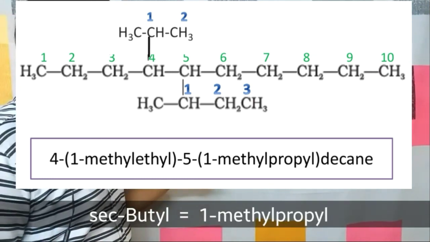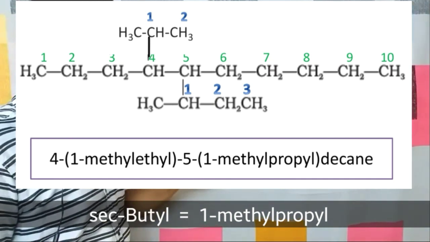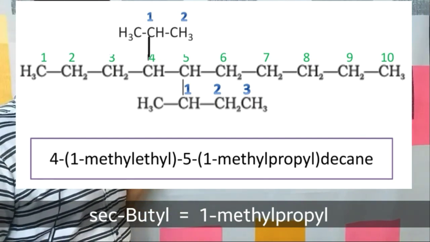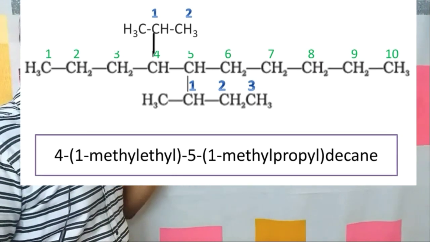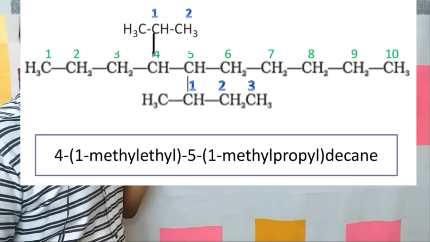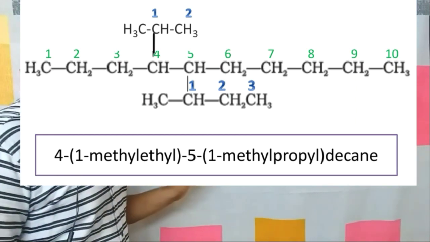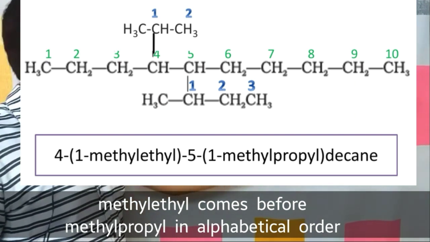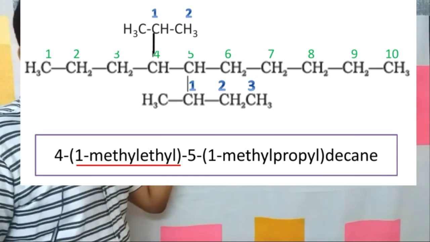Similarly, here also the longest chain is 3 carbon atoms long, the carbon attached to the principal chain is numbered 1, and there is a methyl group attached on C1, and hence 1-methyl-propyl. So the more clear IUPAC name will be 4-(1-methyl-ethyl) 5-(1-methyl-propyl) decane. Here we followed the alphabetical order, that is E comes before P, and hence this term is written first, unlike the older name.